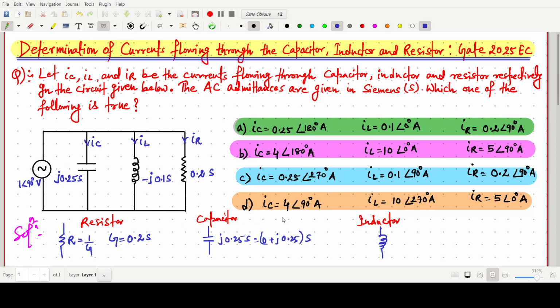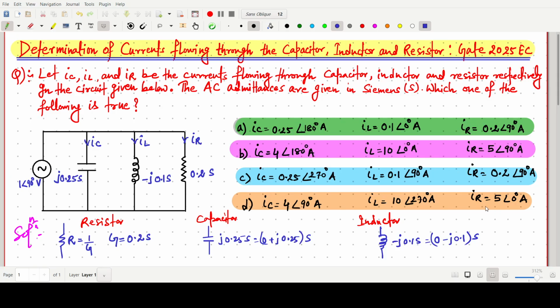For the inductor it is given as minus j0.1 S, Siemens. So I can also write 0 minus j0.1 times S.